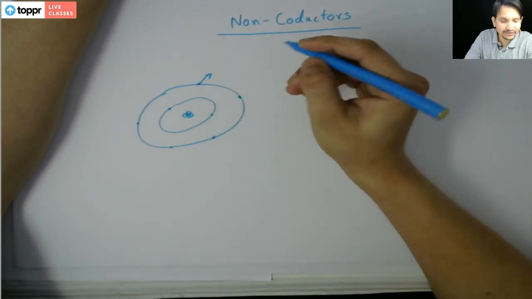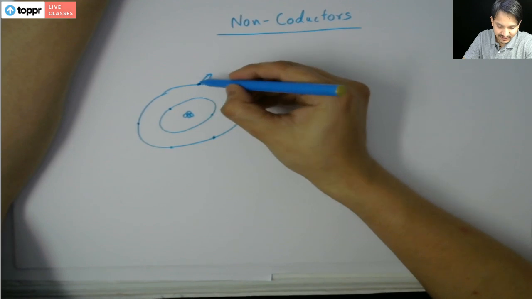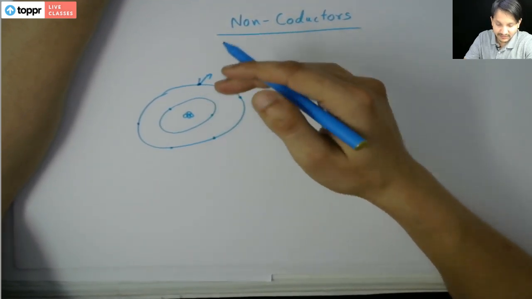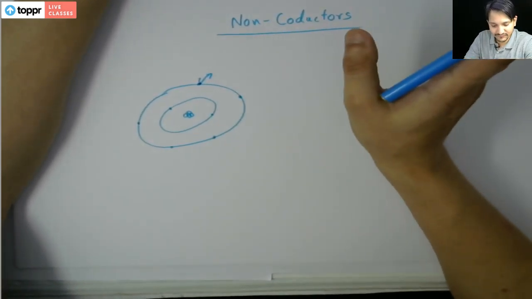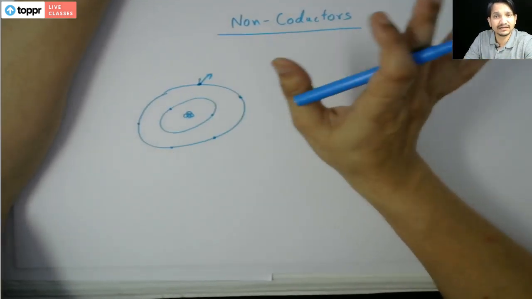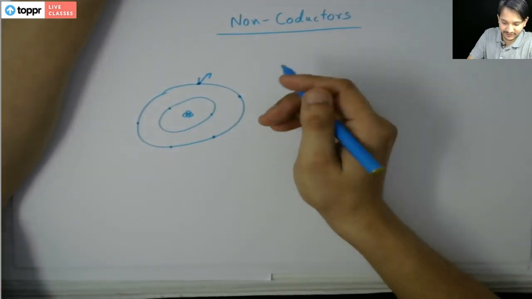The electron will not jump out. If energy is provided to this electron, it will simply move to a slightly higher energy state, and then come back giving off some radiation and nothing else. They will not move out, they will not conduct electricity.